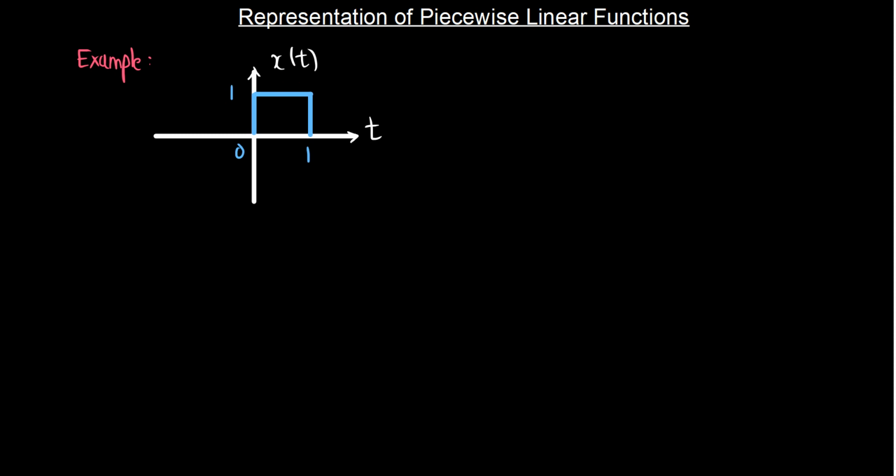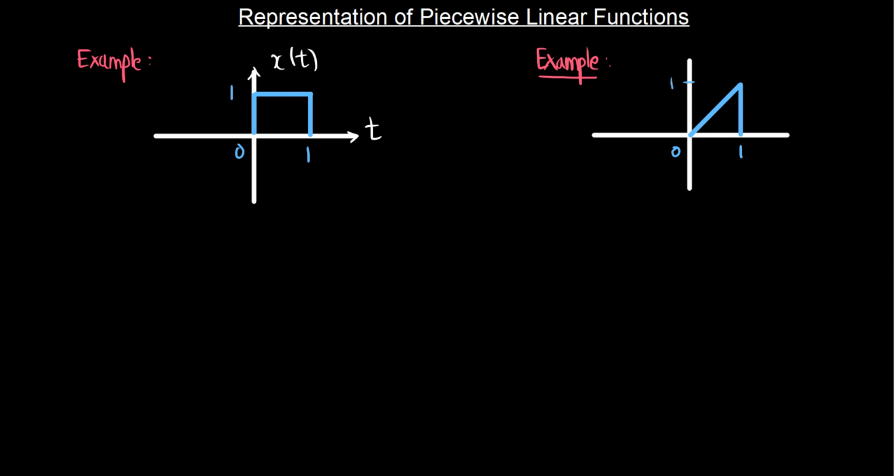Another example that we can have here is something like this. Let's say the signal is like this. Let this be from 0 to 1 again. Let this be 1.